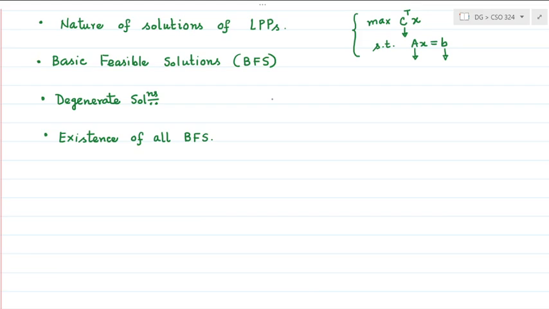7 problems of LPPs. Obviously the problems that I am mentioning here will be of 2 variables, so that you can graphically solve them out, and I guess you all have gone through the graphical method of solving linear programming problems in your high school, and therefore I will obviously not discuss here the graphical method of solving a linear programming problem.